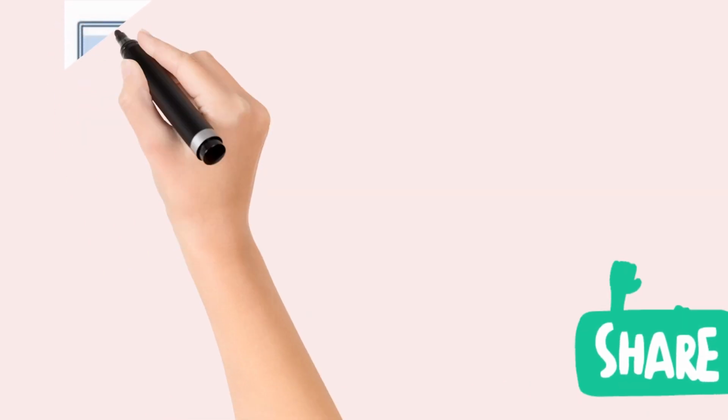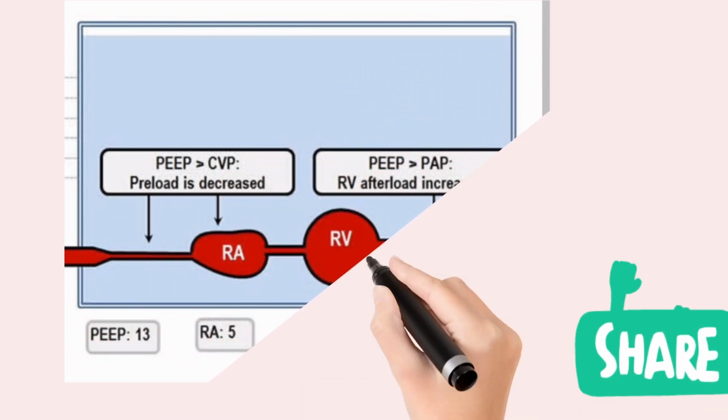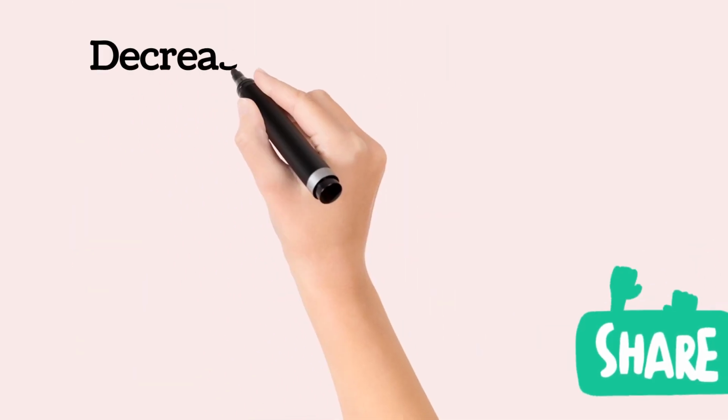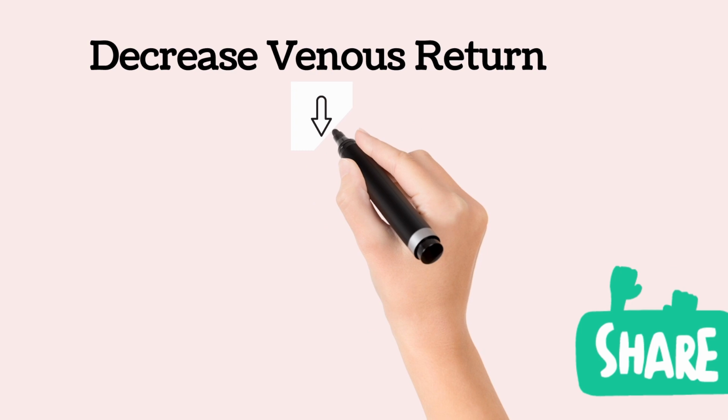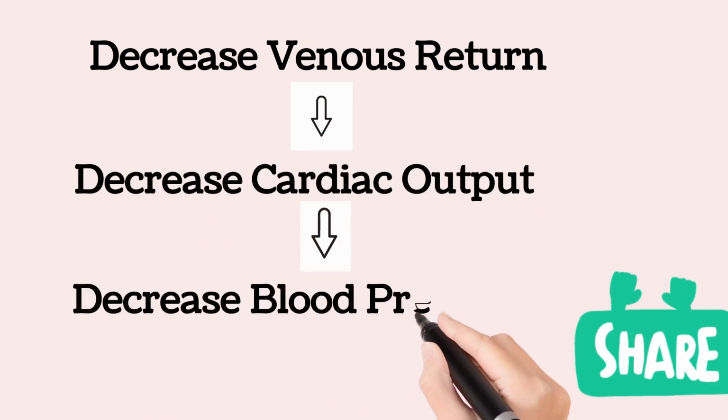During PEEP, the pleural pressure becomes less negative and the pressure gradient between the central venous drainage and the right atrium will decrease, resulting in decreased venous return. This in turn results in decreased cardiac output and hypotension.